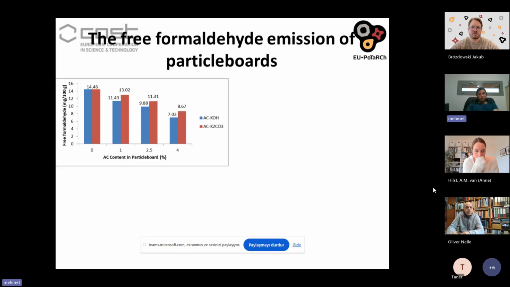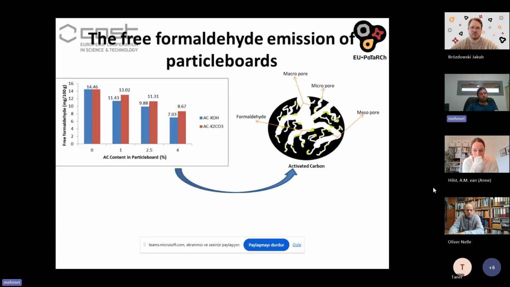And we are looking inside the particle board. The activated carbon absorbs the formaldehyde. The pore structure of activated carbon is crucial for its absorption performance. Micropores, which are smaller than 2 nanometers, are directly related to absorbing small molecules such as gas and organic contaminants.